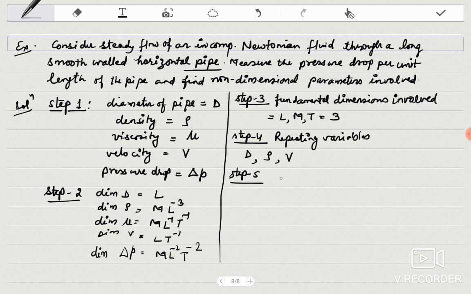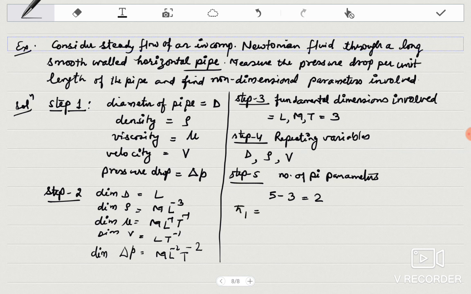How many pi parameters will be introduced in this problem? The total number of parameters was 5. So 5 minus 3, that is 2. So first of all, I'll write my pi 1.